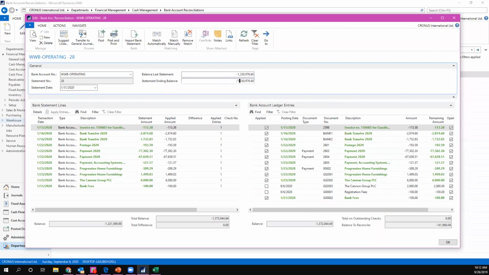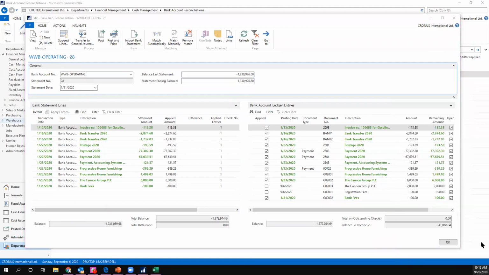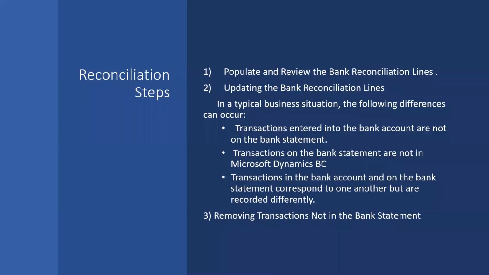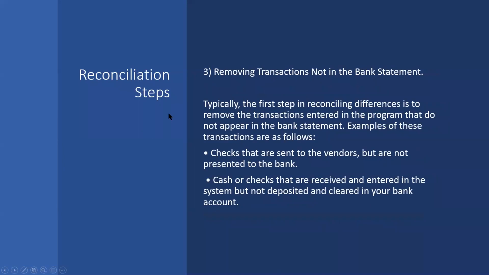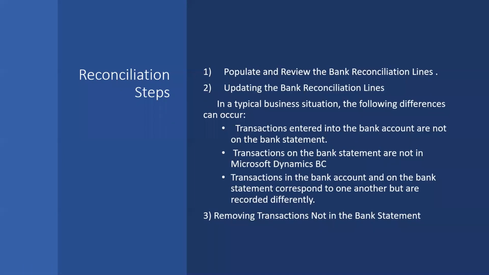Oops, this is a keyboard in another language. Okay. Well, we will need to post the bank rec. But the reconciliation steps that we have done today are: populate and review the bank account reconciliation lines, update the bank reconciliation lines.